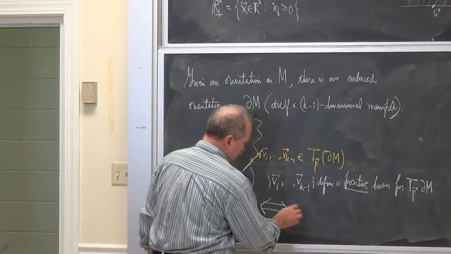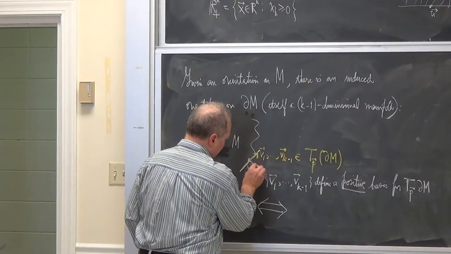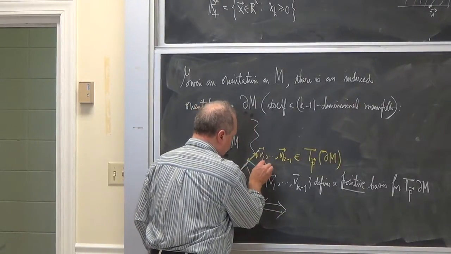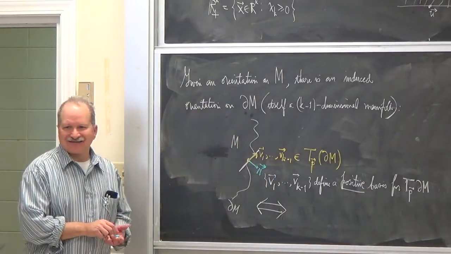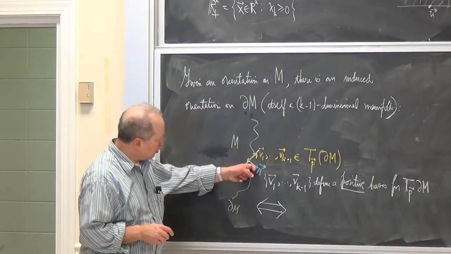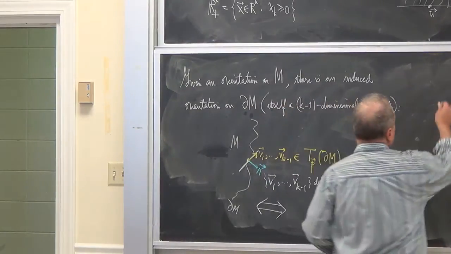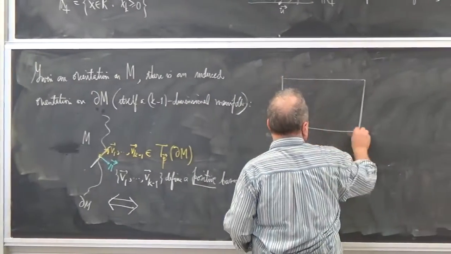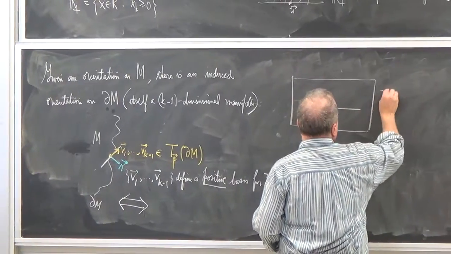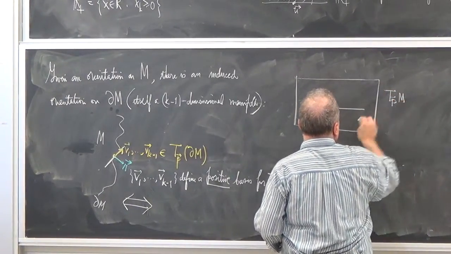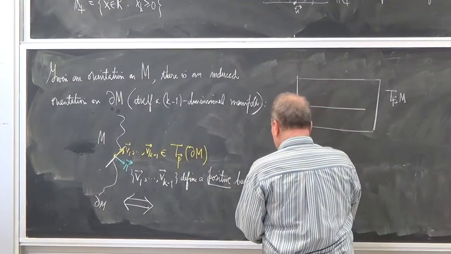And what the obvious vector to pick is an outward pointing normal vector. So I mean the normal to the boundary in the tangent space of M. So the picture looks like this. Here's the tangent space of M. Here's the tangent space of the boundary.